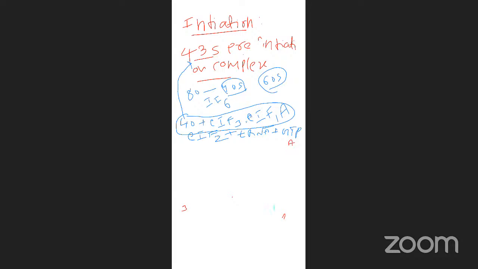They form the 43S pre-initiation complex. Let me explain again. First, the 80S ribosome is dissociated with the help of initiation factor 6 into 40S and 60S. For example, this is the 40S subunit.